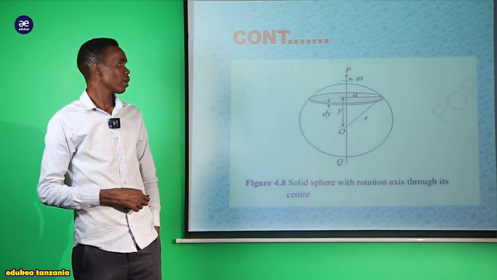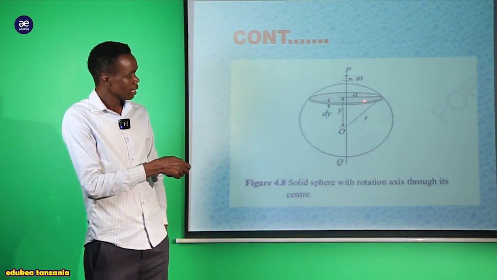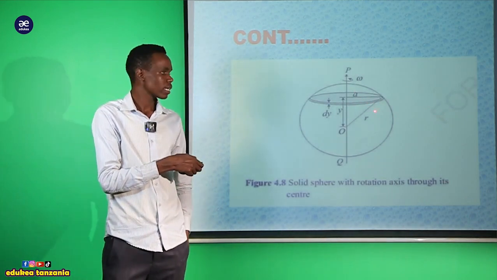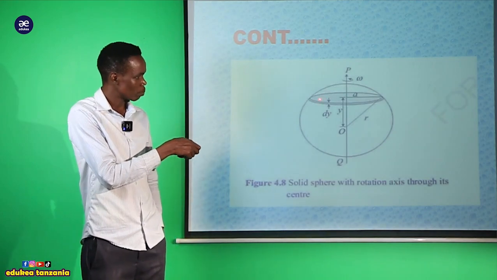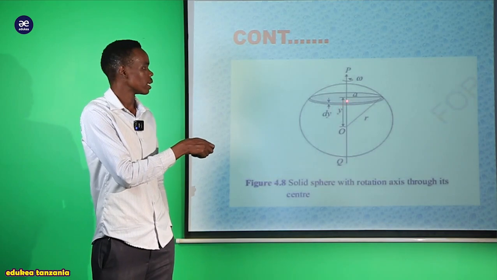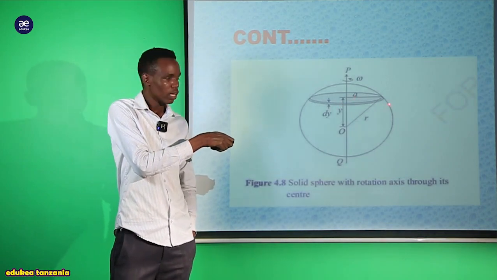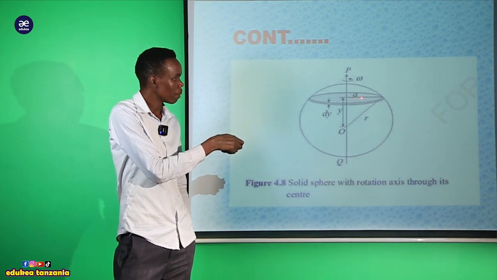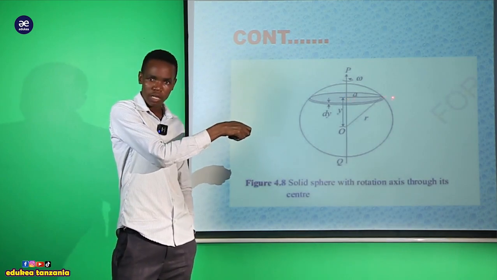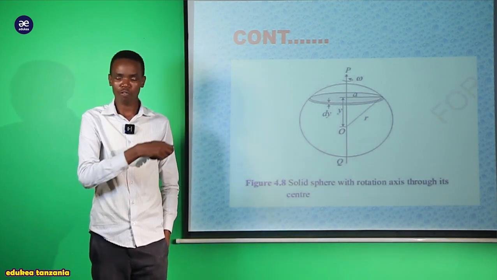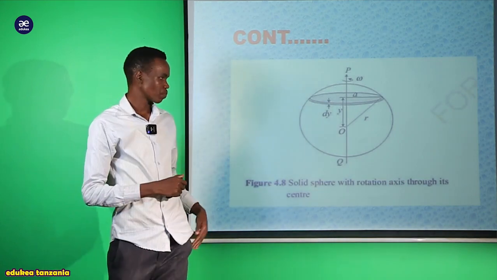Now on our sphere here, inside the solid sphere, we have the elemental disk as we observe. This is the elemental disk that involves the radius a. It involves the radius a from this point here up to the end of the sphere, which means any point of the sphere as we observe.